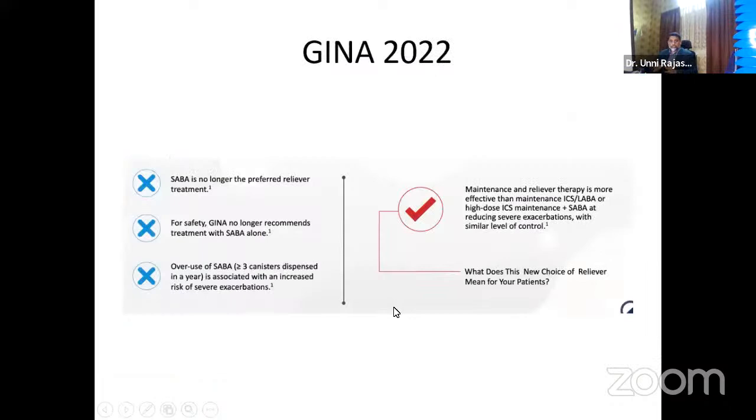So in GINA 2022, short-acting beta agonist is no longer the preferred reliever, and for safety, GINA no longer recommends treatment with SABA alone. Whenever a SABA is given, you need to make sure that the patient is taking inhaled steroid therapy as well.